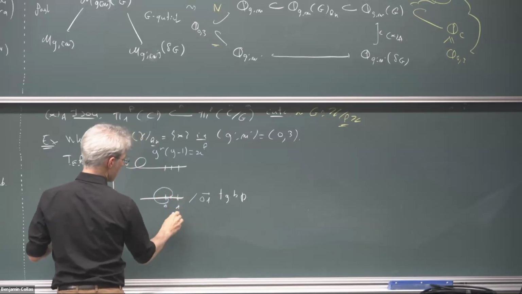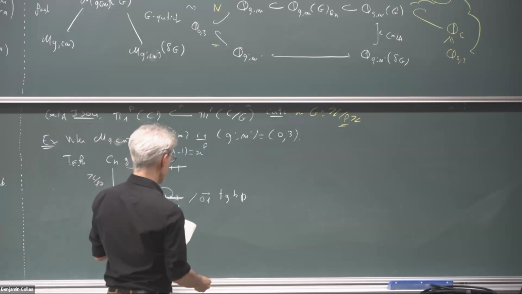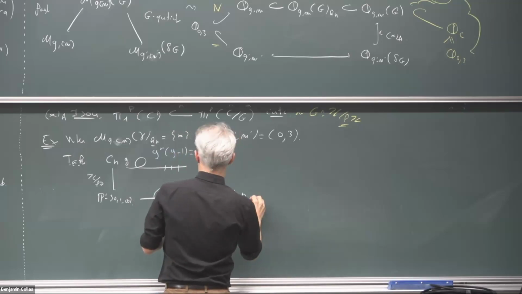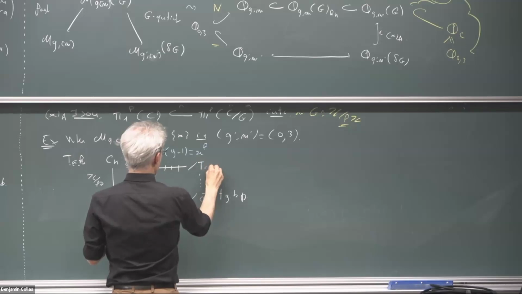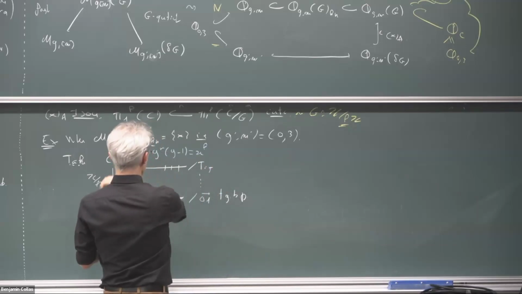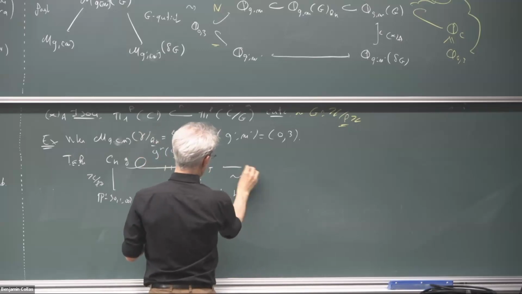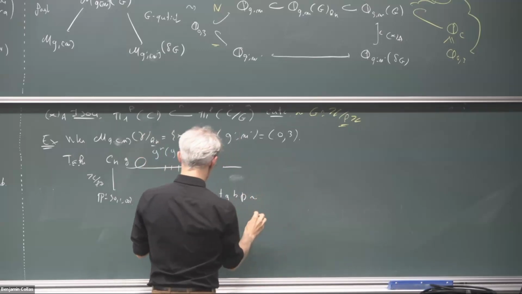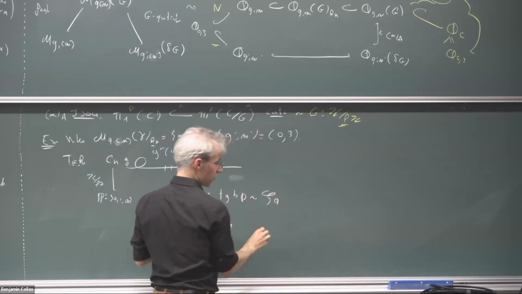And 0, 1 means you move in the direction of 0, 1. Okay. So you have a tangential base point. You also define some tangential base points on the different components of CR. I don't give you the details, but it defines some lift of the outer Galois action.